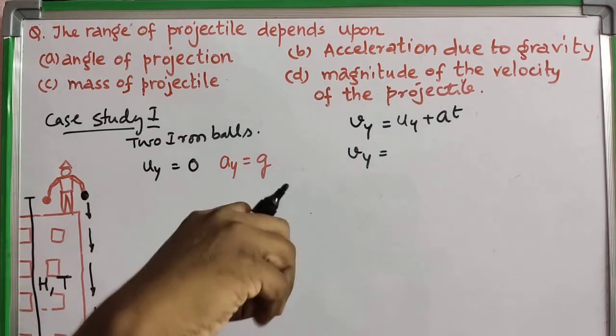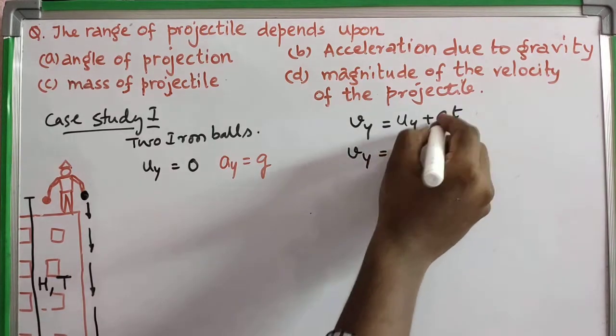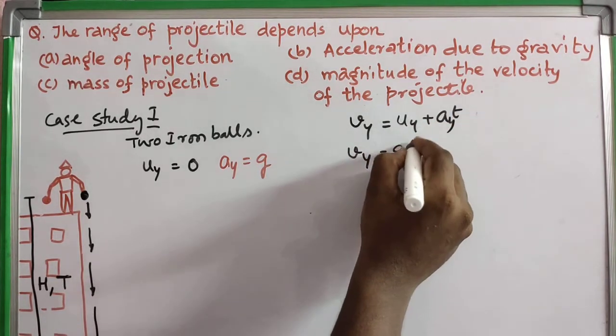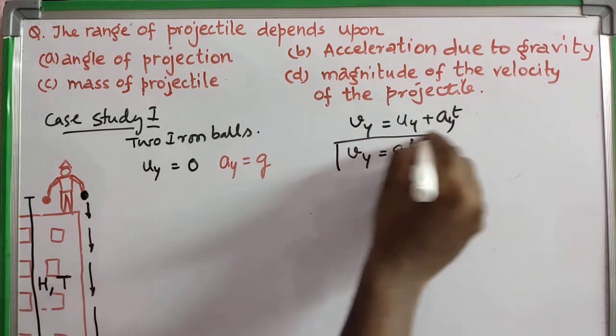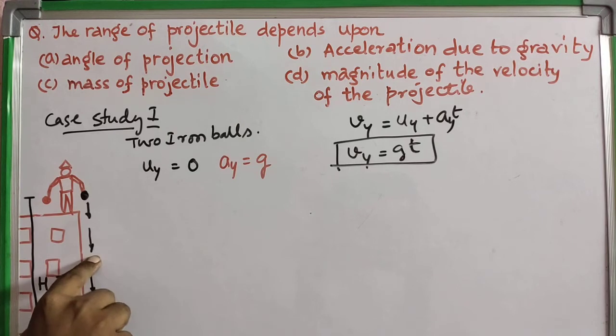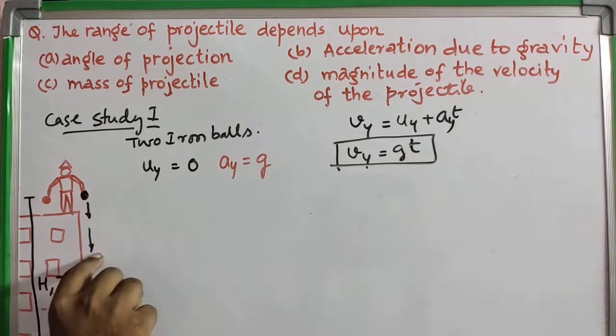When you drop it, the initial velocity is 0. 0 plus a is g along the y-axis, and time is any time t. So this is the expression for velocity at any time. At this point, you measure the time, and t into g will give the velocity at this point.